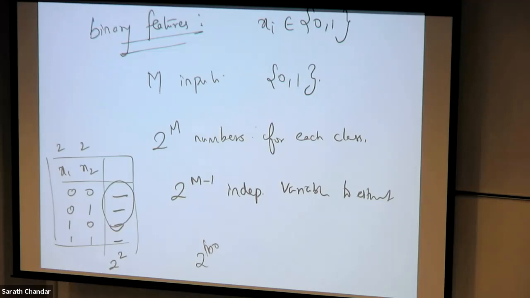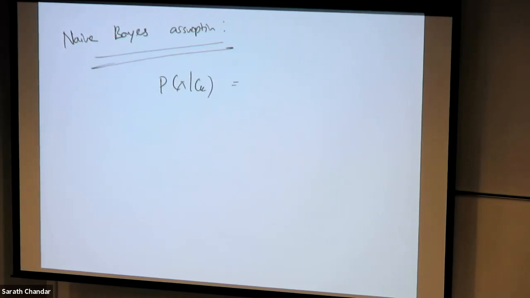So now let's revisit the naive-Bayes assumption, but for the discrete case, okay? We have P of x given Ck, which is basically the product over i is equal to 1 to capital M, P of xi given Ck. This is what the naive-Bayes assumption is telling us, right?